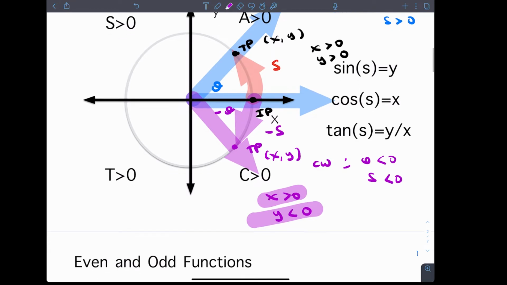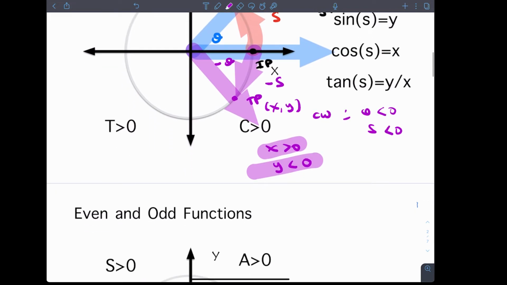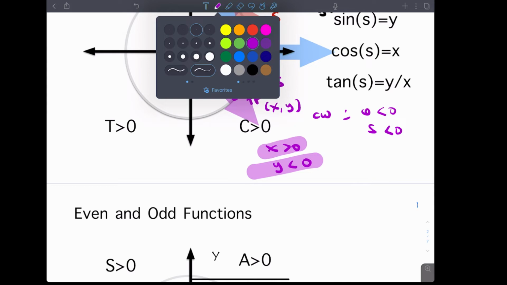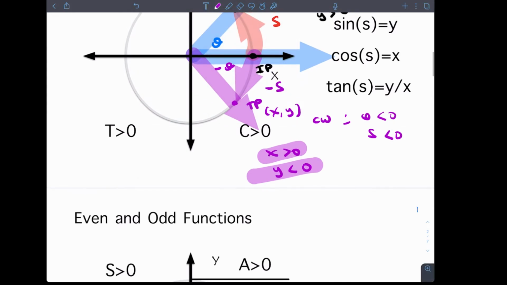Now that's the key. And you say, well, why is that the key? Well, look at what we're saying now. Sine S is defined to be the Y coordinate. And the Y coordinate now is negative.